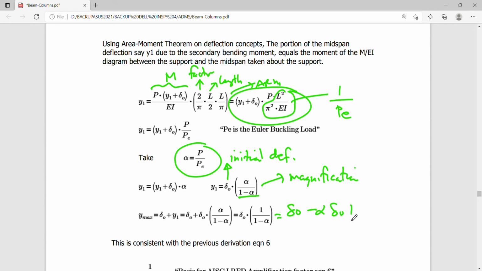Okay, then plus alpha delta O all over 1 minus alpha. Okay, so this will cancel, and the remaining value becomes delta O times 1 all over 1 minus alpha.